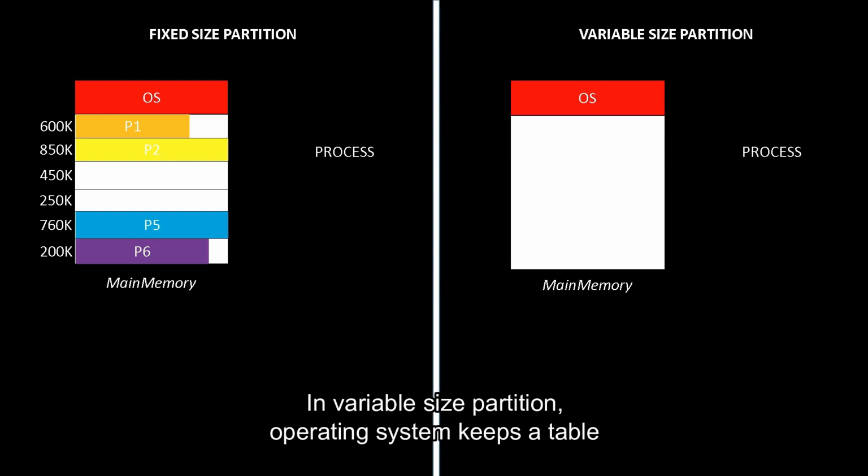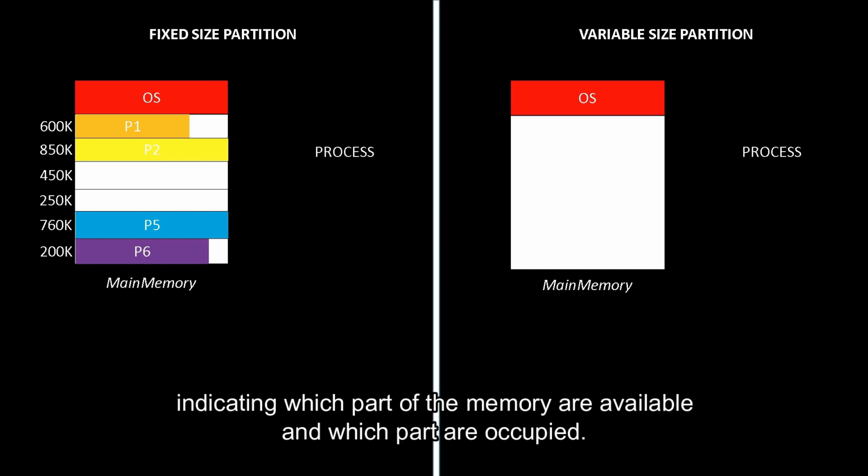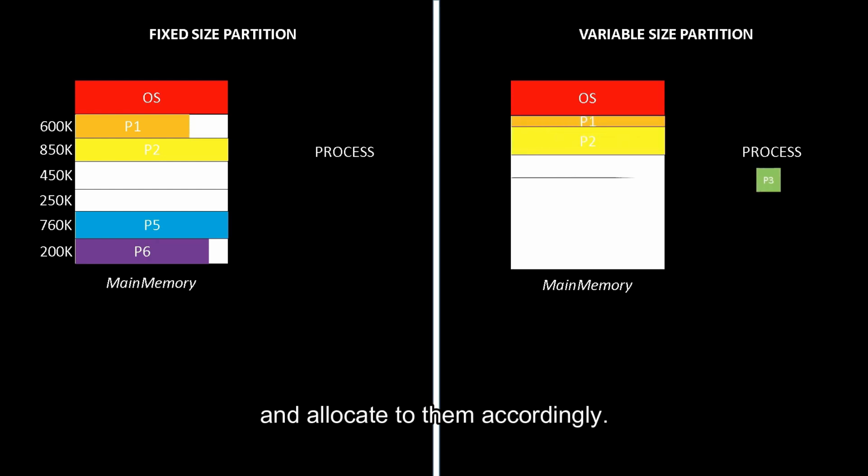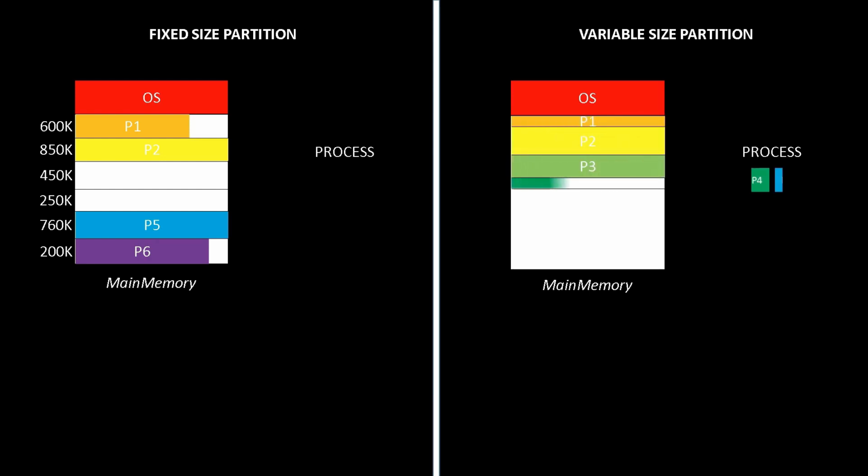In variable size partition, the operating system keeps a table indicating which parts of the memory are available and which parts are occupied. When a process arrives, the CPU checks the available memory and allocates to them accordingly.